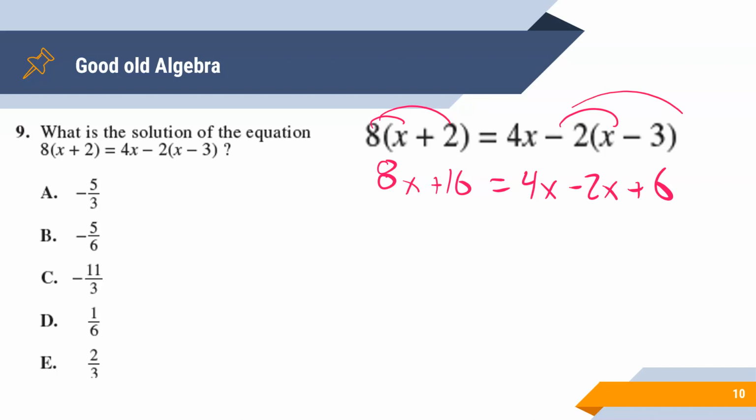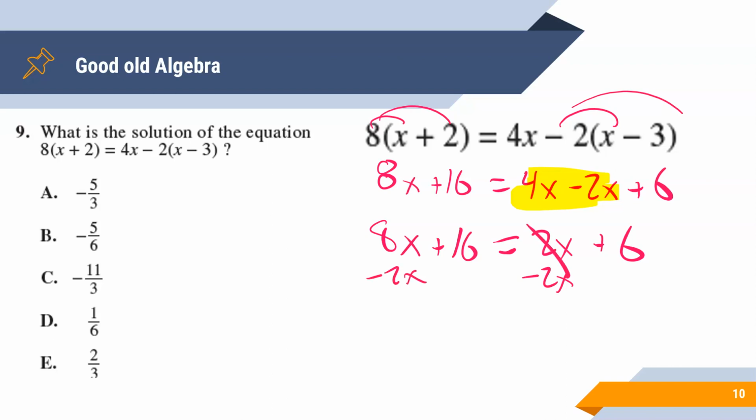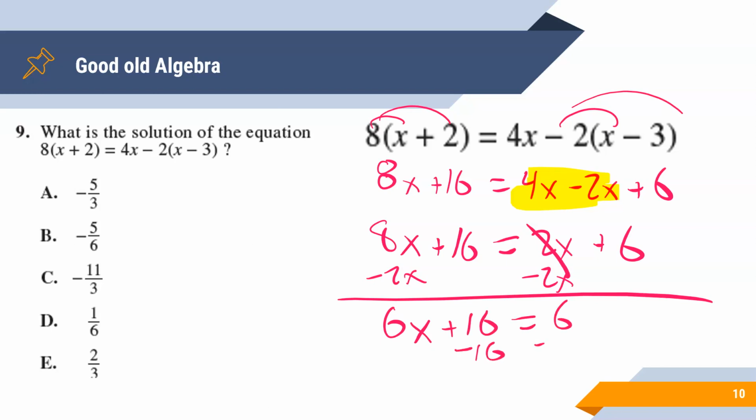And then once we've done distributive property, I think we might probably maybe put those two x's together, right? And then we probably subtract 2x from both sides. Subtract 16.